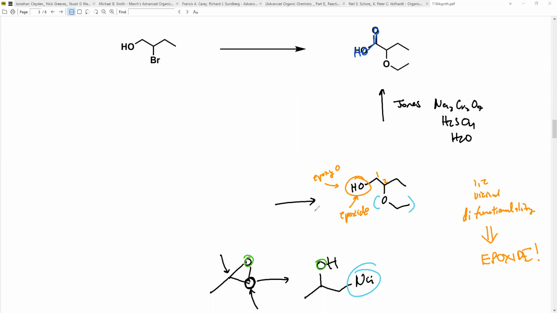So my ether was formed by the nucleophile. I'm going to go ahead and draw it here like that. Okay, so what do I get? I can remove that functionality, but this is going to go here, right? So I can go ahead and draw this bond here.